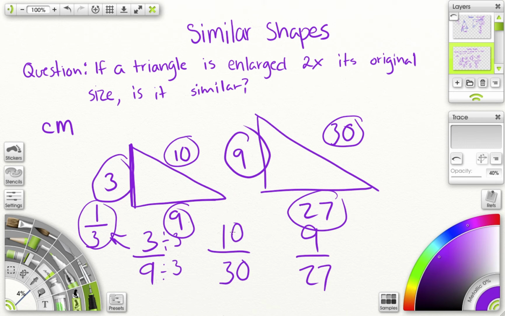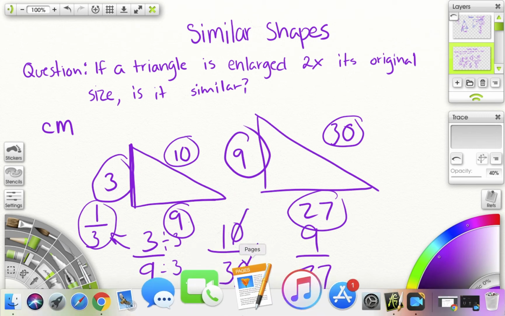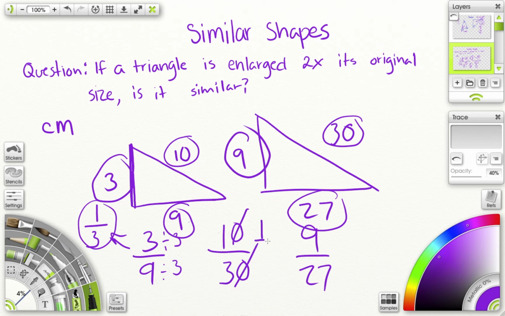10 and 30. Here's the thing, whenever you have numbers that are divisible by 10, you don't even have to divide it. What am I left with? 1 over 3. All right, last one.